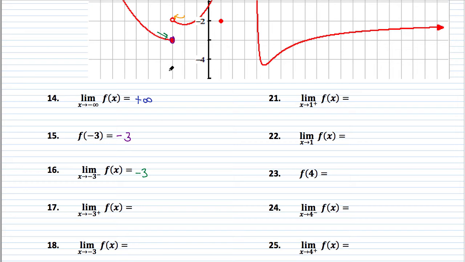So I'm not approaching a value of negative 3, I'm actually approaching a value of what I assume is negative 2. Then, as I approach negative 3 from both sides, I have a situation where I cannot approach the same value. So really, I am approaching two different values. So this actual limit does not exist.